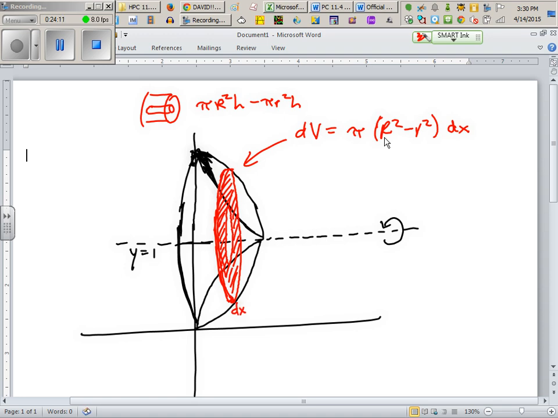Since the radii are always changing, depending on which washer you draw, you're going to need variable expressions for these. So the differential volume is going to be pi times some kind of function for each of these. And this is where it gets tricky for some people. What I usually do is, if the object is being rotated around a line that's above the curve, remember the curve originally was down here and we rotated it up into space, I will draw my radii from the line downward.